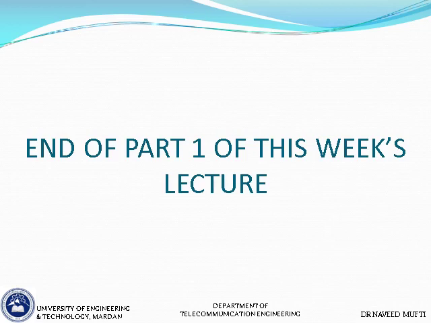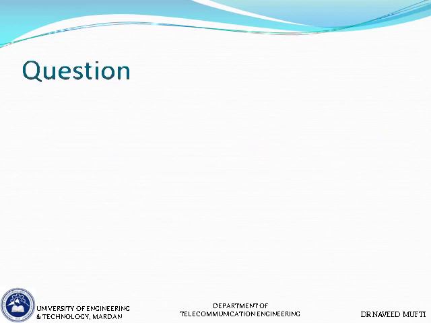Okay, so now we come to the numerical question that we talked about. Consider a binary communication system that can transmit signals S1 of t or S2 of t, and you know that your sampler will give you an output Z of capital T, which will have a signal component and a noise component.